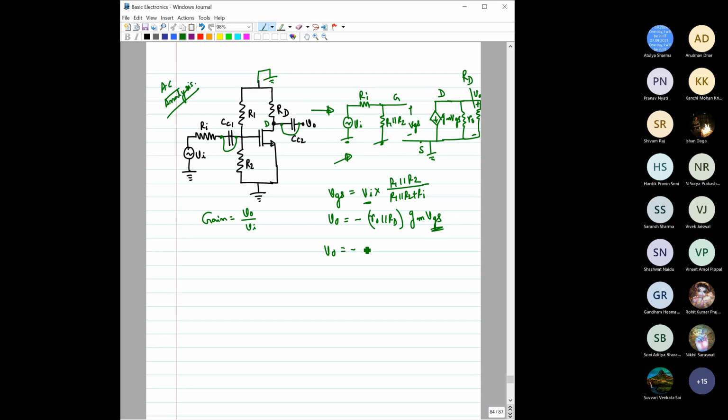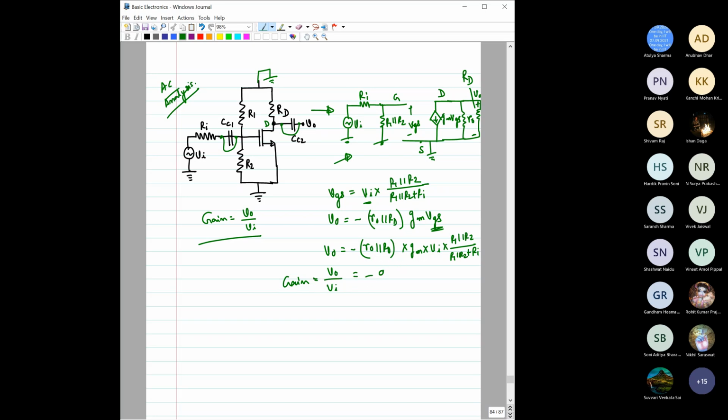Now VGS we have already expressed in terms of Vi, so let us replace that. It is R naught parallel RD into gm into VGS, which we write as Vi into R1 parallel R2 by R1 parallel R2 plus Ri. Now to find the gain, we do V output versus V input.